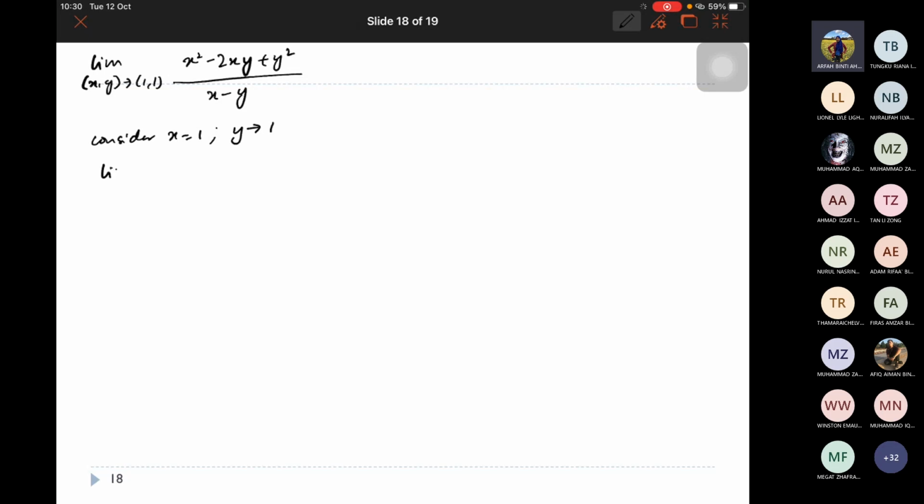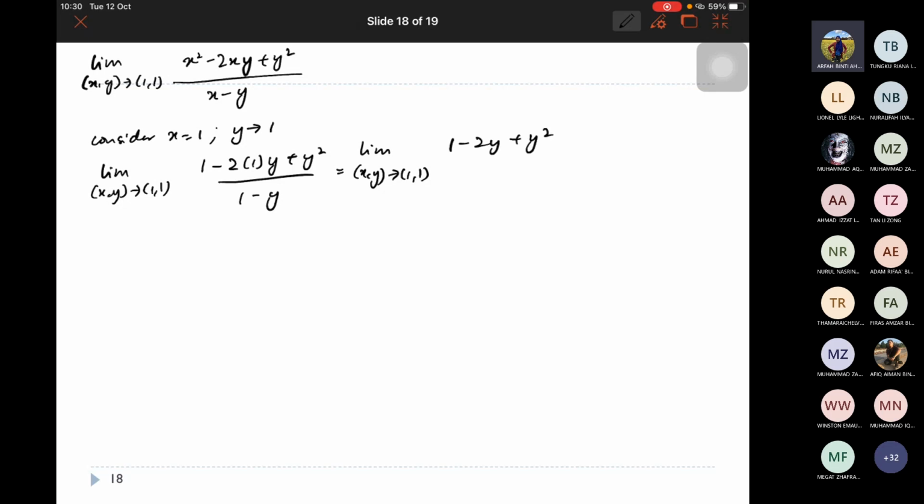The limit of xy approaches 1, 1 will become 1 tolak 2 darab 1 y, plus y squared over 1 minus y. That is the limit where x is 1 and y approaches 1. So it will become 1 tolak 2y, plus y squared over 1 tolak y.